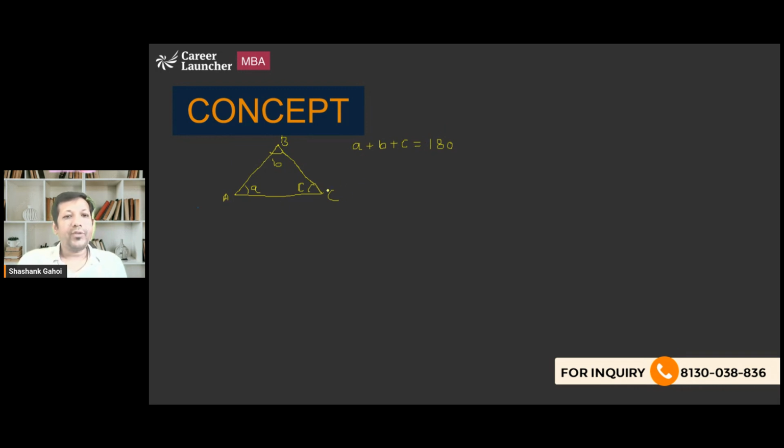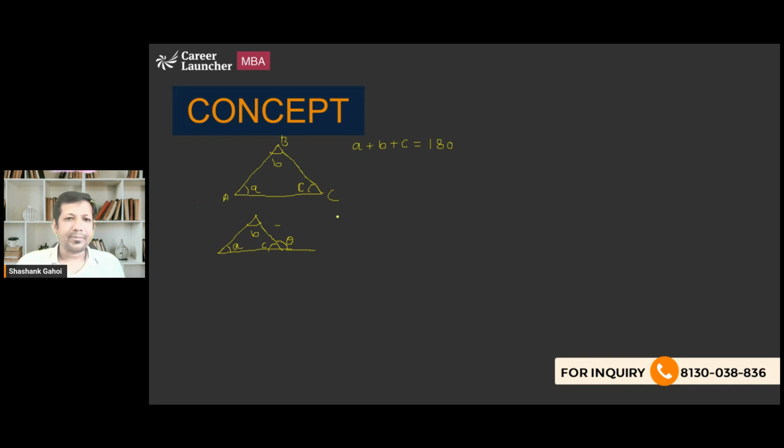Okay, so we also know that angle on a straight line is always 180 degrees. So basically, I can say that this is A, this is B, this angle is C. Let's say this angle is theta.